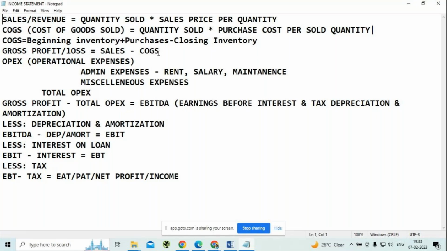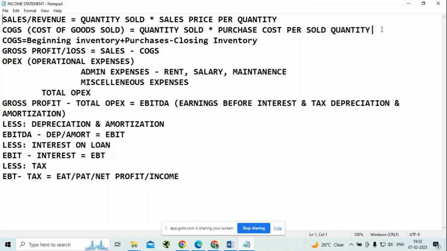For example, if I have purchased 1000 quantity and each quantity costs 20 rupees, then the total purchase cost is 20 into 1000, that is 20,000.